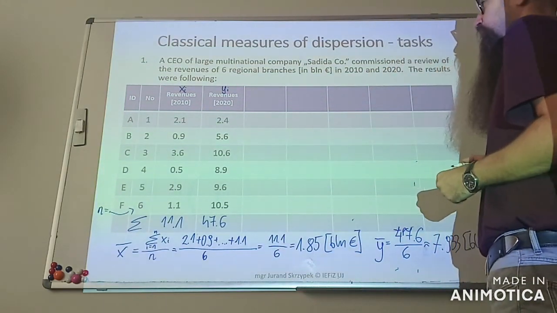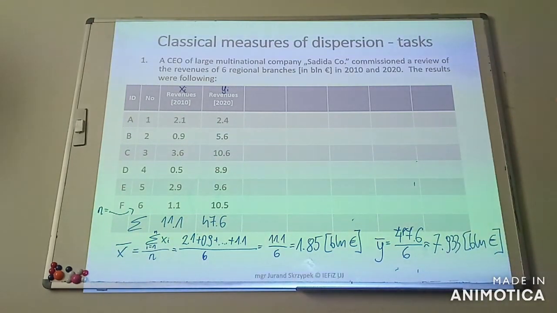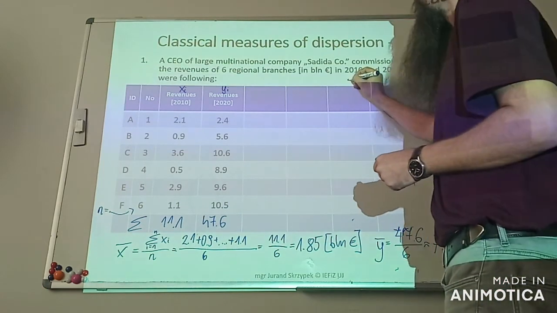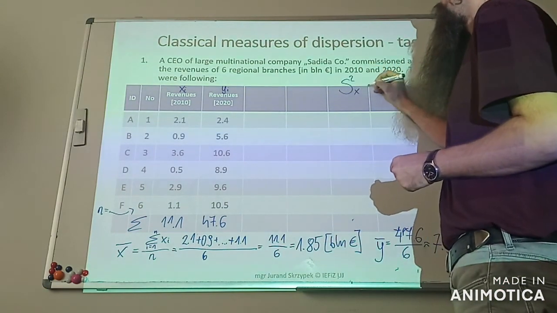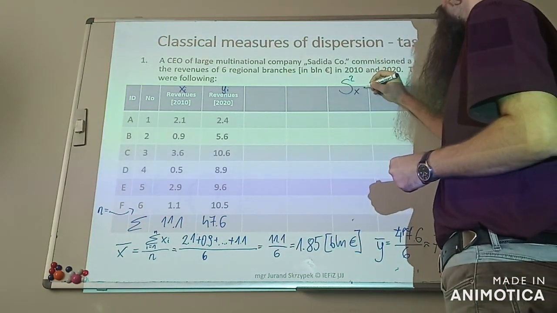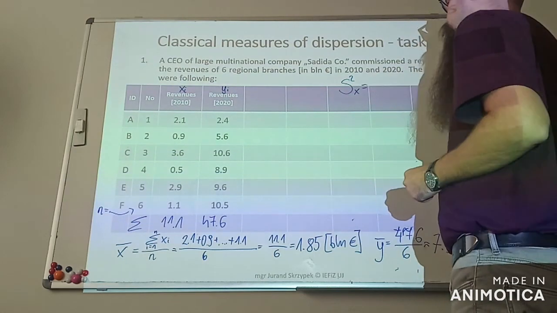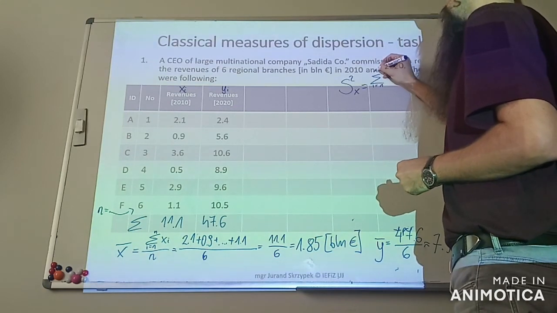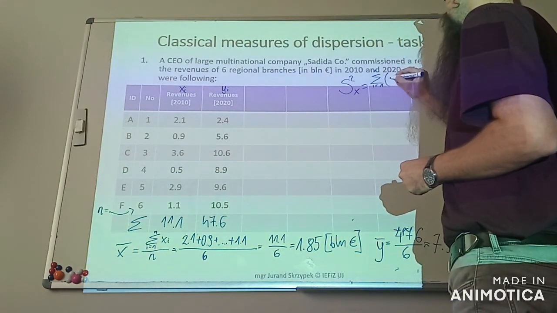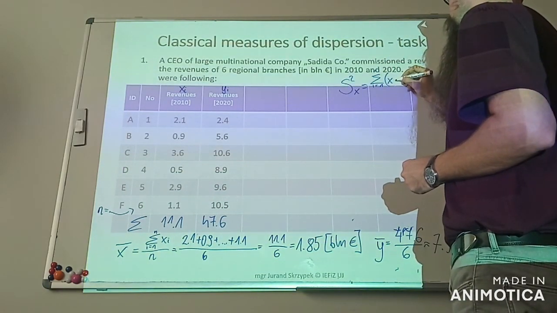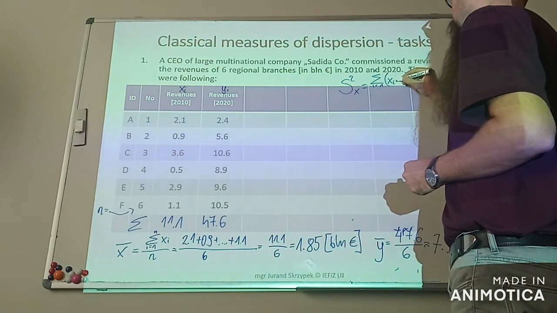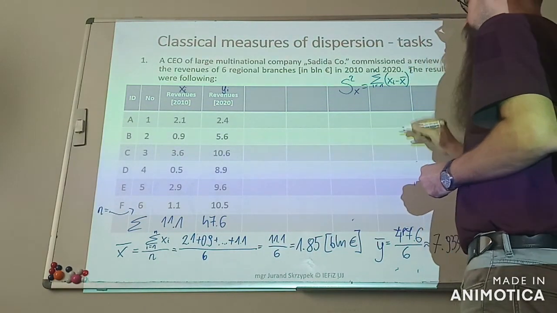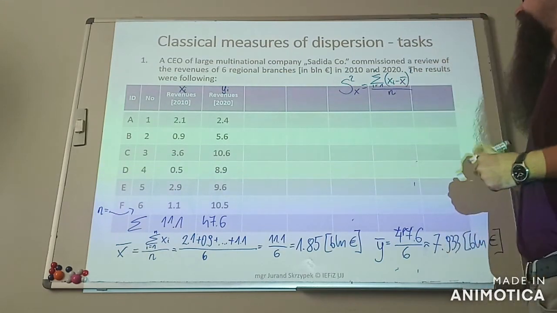First of all, I should write down the formula for variance. Variance of the attribute x values is equal to the sum from i equal 1 up to n of squared deviations of the variable values from their mean, divided by n.